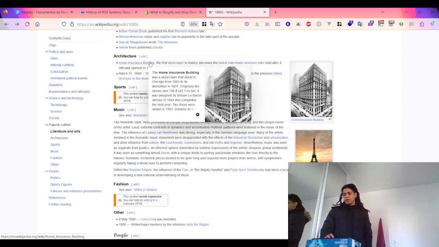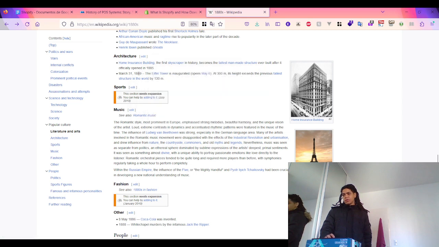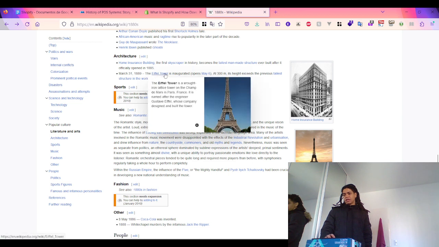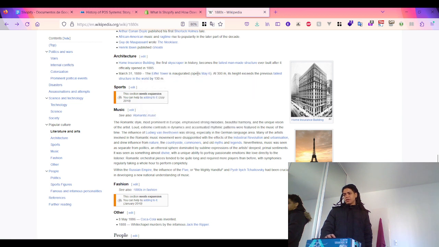Holy moly. March 21, 1881, the Eiffel Tower is inaugurated. Opens May 6 at 300 meters. Its height exceeds the previous tallest structure in the world.